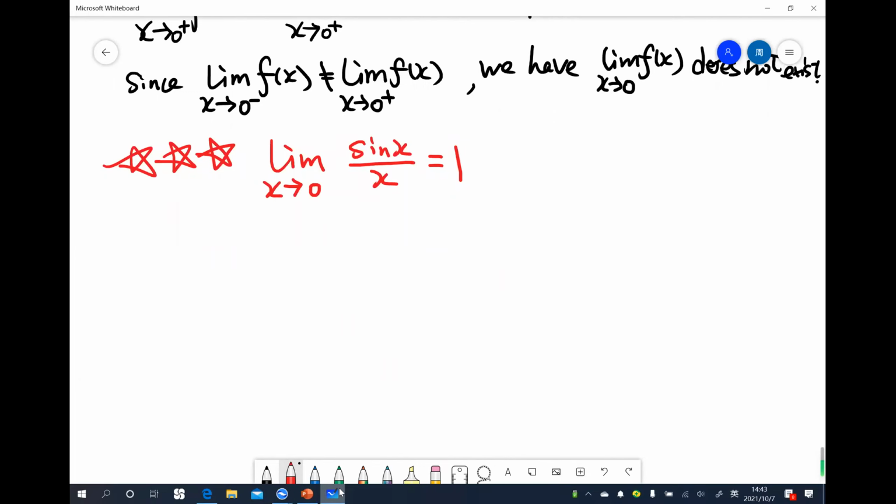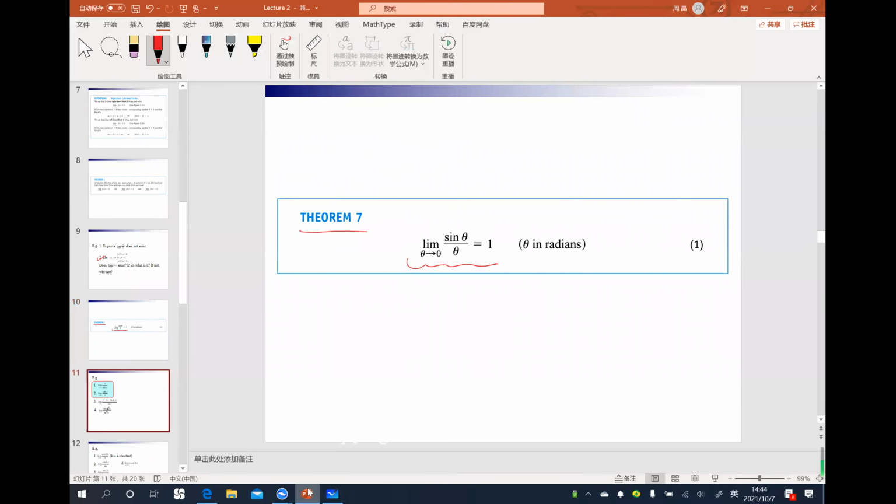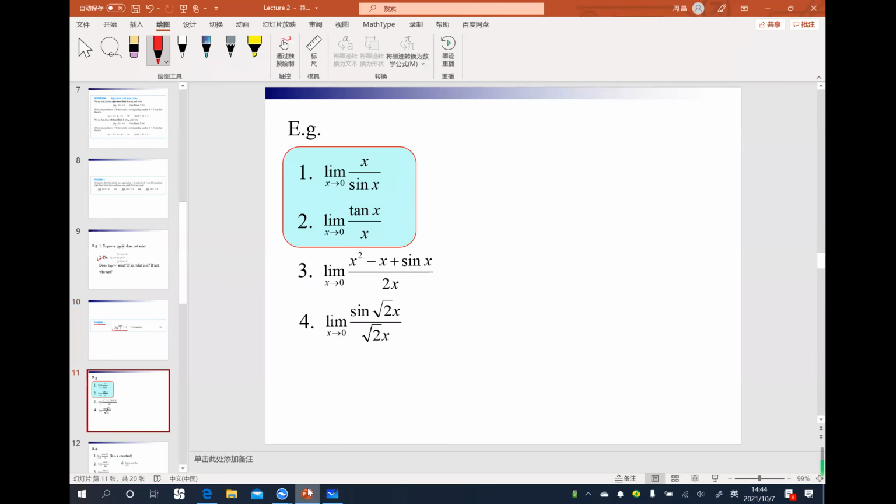But for this formula, you have to remember it carefully, and you have to know how to use it to solve other questions. For example, the first one: to get the limit of x by sine x as x approaches 0.